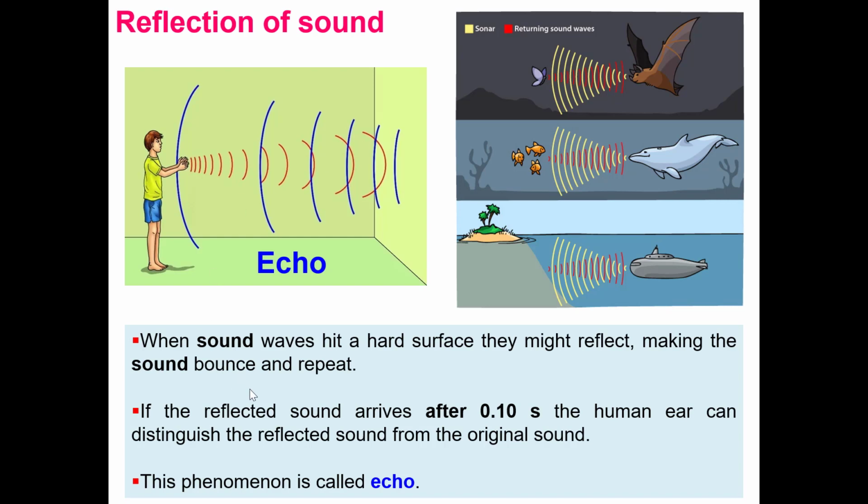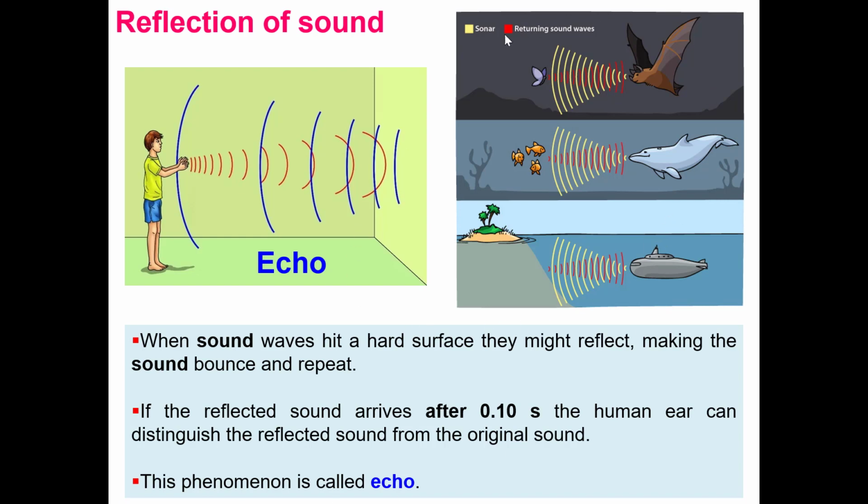And this is why we can hear like the sound is repeating. If the reflected sound, the echo, arrives after 0.10 seconds, the human can distinguish the reflected sound from the original sound. And we know this phenomenon is called echo.